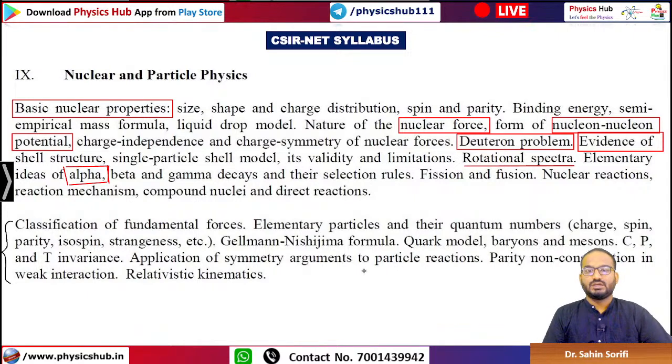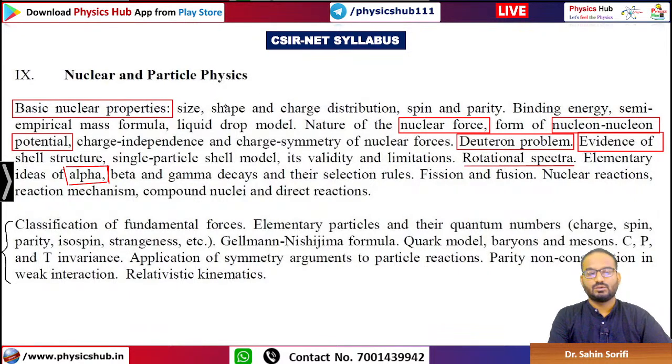So I hope you got the syllabus. Now let us start with basic nuclear properties. We will be discussing various methods to determine the size of the nucleus. Then we will be talking about shape and charge distribution of the nucleus.